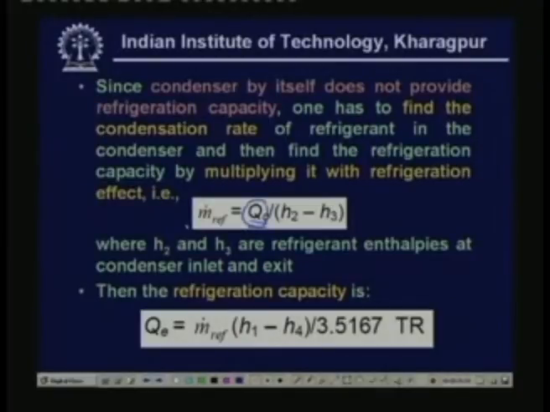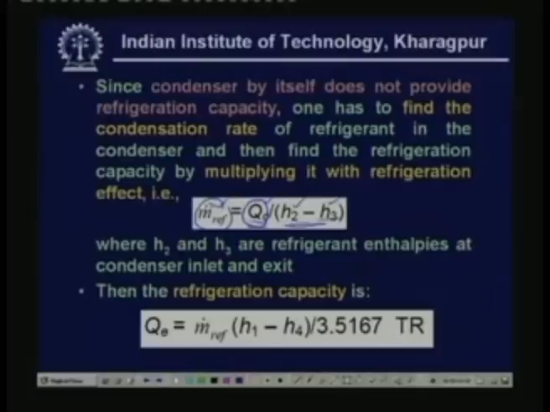From this QC we find the mass flow rate of the refrigerant in the condenser, or the condensation rate. The condensation rate of the refrigerant, m dot ref, is nothing but QC divided by H2 minus H3, where H2 and H3 are the inlet and exit enthalpies of the refrigerant. So if you know H2, H3 and QC, you can find the mass flow rate of refrigerant through the condenser.